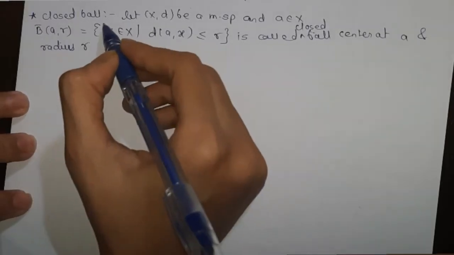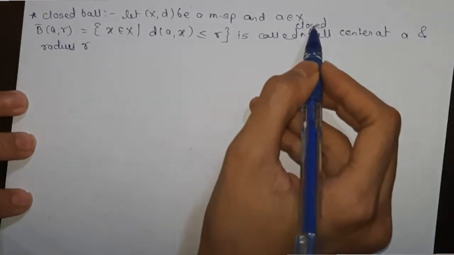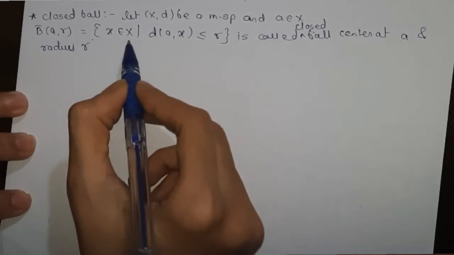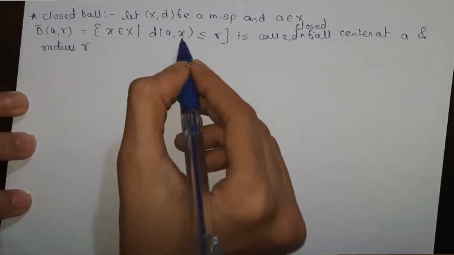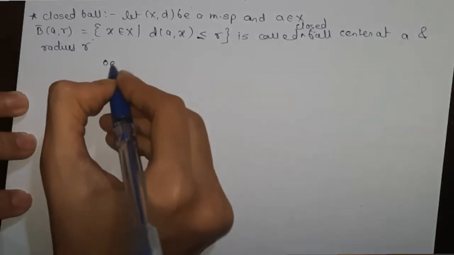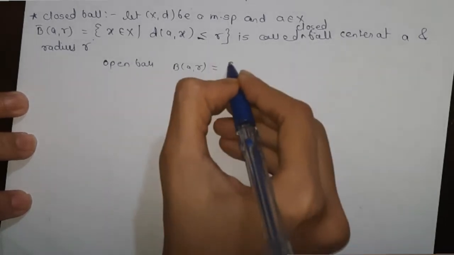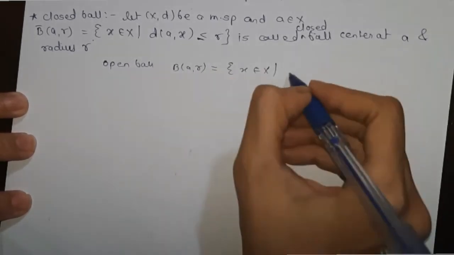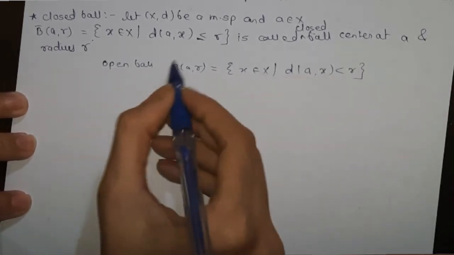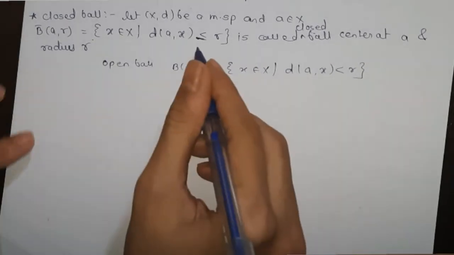The definition of a closed ball is, let (X, d) be a metric space and a belongs to X, then the ball B[a, r] is equal to {x belongs to X : distance between a and x is less than or equal to r}. For the open ball, we have the definition B(a, r) is equal to {x belongs to X : distance between a and x is less than r}. So here we have the equality sign. So this is the difference.